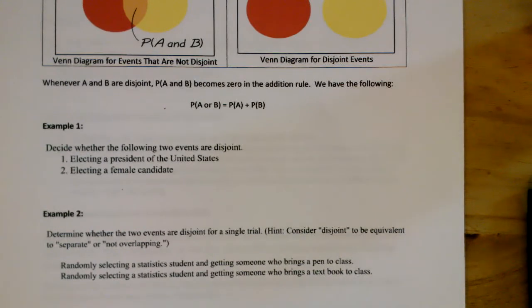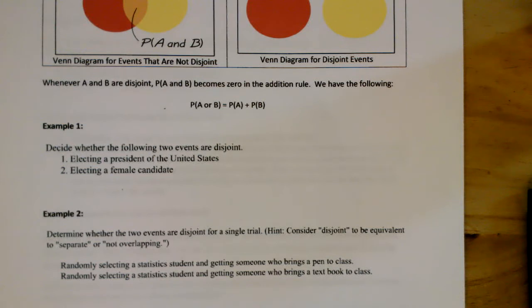Like this one. In this first example, we want to decide whether the following two events are disjoint. Like in number one, electing a president of the United States, and number two, electing a female candidate. Well, let's think about this.